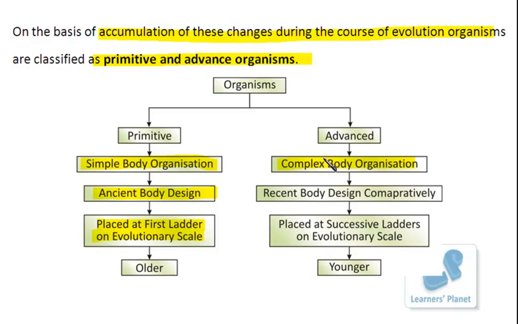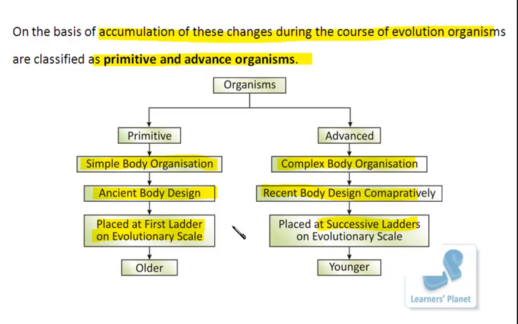Alternatively, if I compare the advanced organisms, they must have the recent body design, or be more altered and more complex than the primitive organisms. And of course, if they have the more complex or recent body design, then on the evolutionary scale they must be placed at the successive ladders.